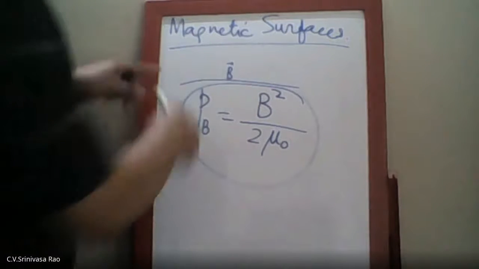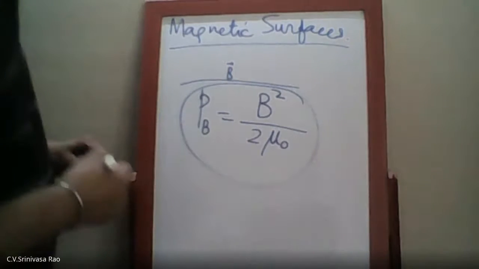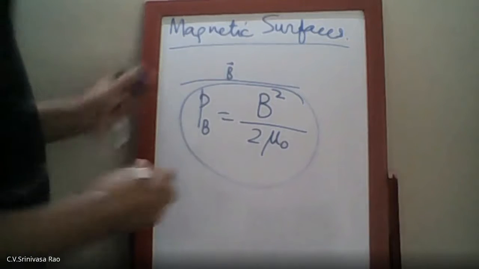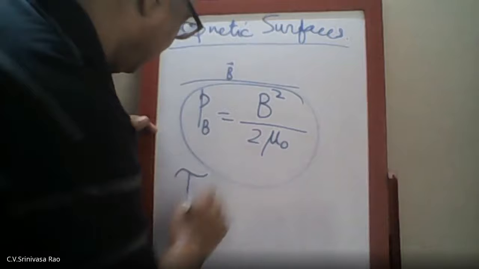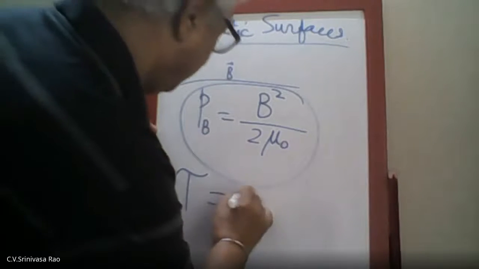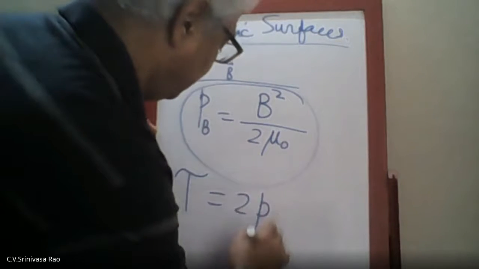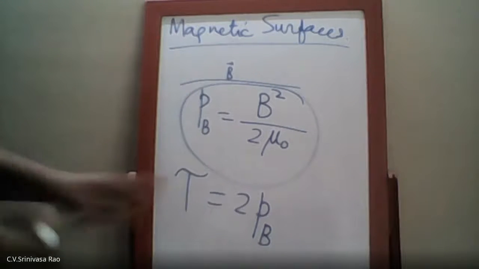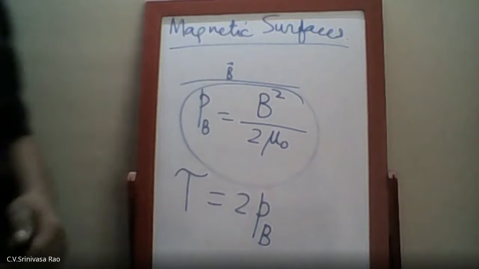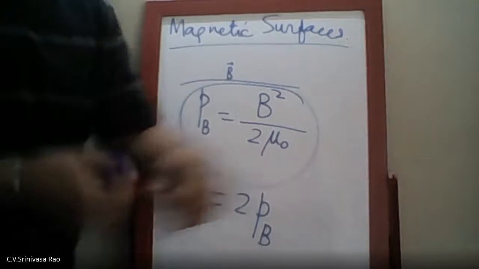Okay, and now you can also write an equation for the tension in the field line. That tension is basically twice this magnetic pressure. So very important concept. It is something like a string.